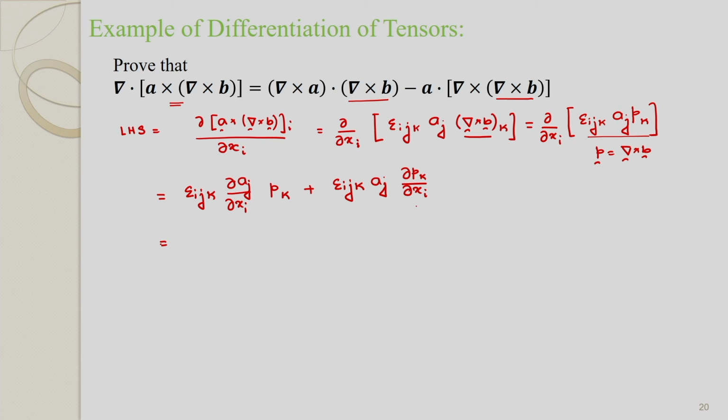Now you know if we maintain this sense of rotation, then epsilon I j k is the same as epsilon k I j, because both have the same sense of rotation. So we can write this as epsilon k I j.